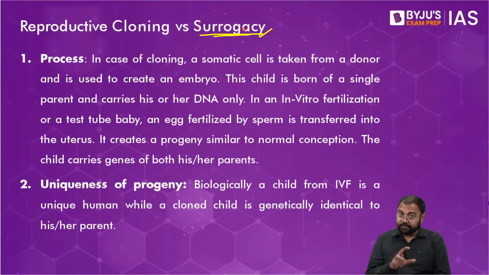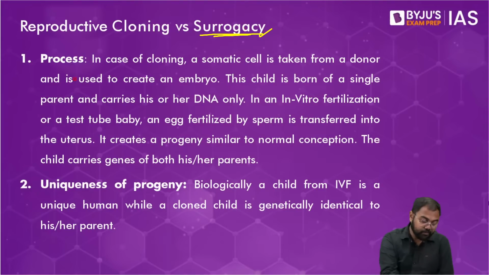In the case of surrogacy, that's not the case. In the case of surrogacy or in vitro fertilization or the birth of a test tube baby, there are still two parents involved, and fertilization still happens between the male and the female cell. So that's why it is sexual reproduction. Whereas in the case of cloning, we know that it is asexual reproduction. So as a process, it is completely different.